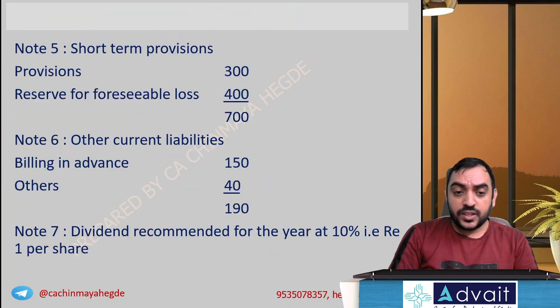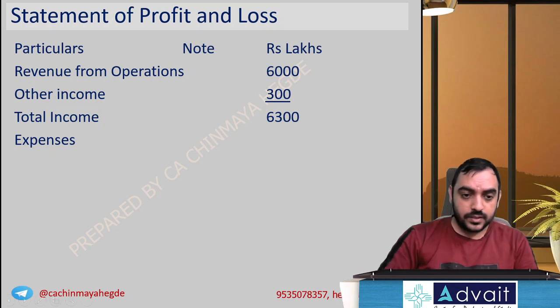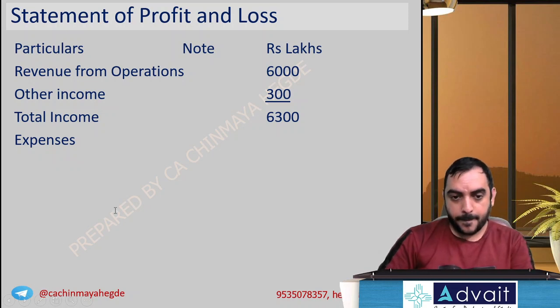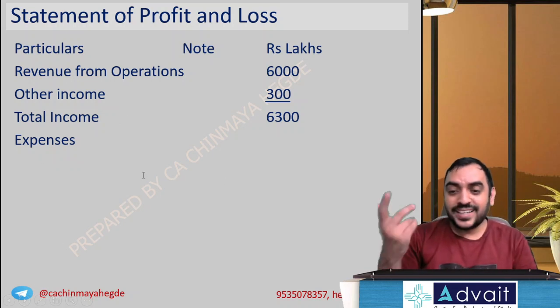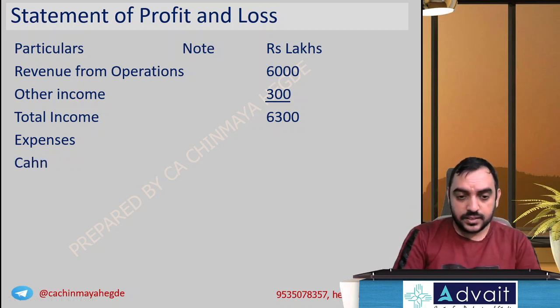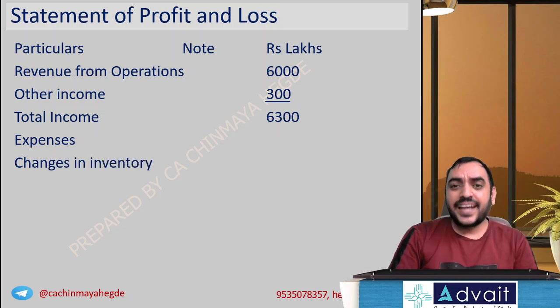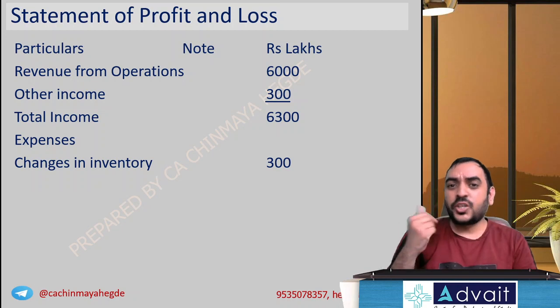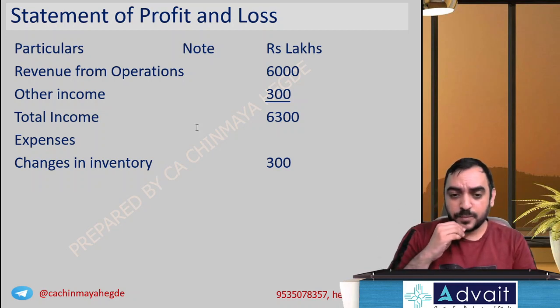Anyway, there are no purchases here, so I don't have to write that line. Changes in inventory I write: that is the write-off, written down by 300. Only that number I can write.